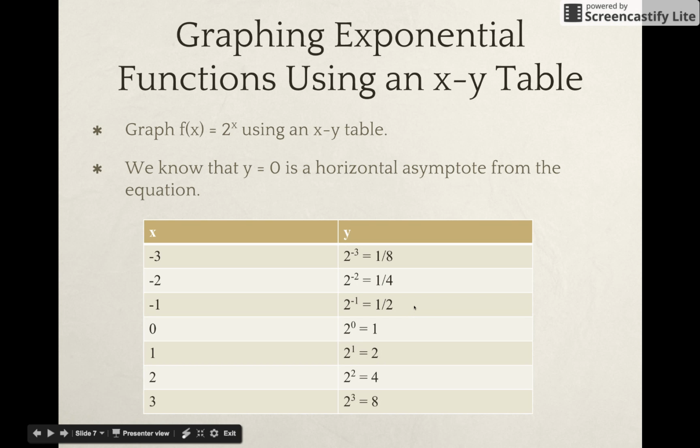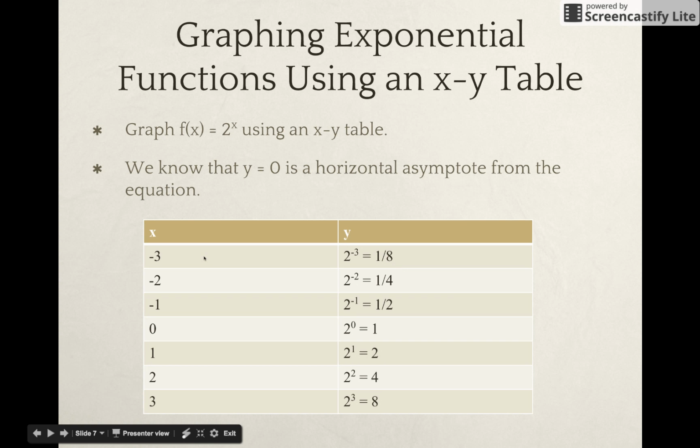As we take a look at the behavior of these y values as x decreases, that is, as x goes from -1 to -2 to -3, we'll see that these y values are getting very small. However, these y values are not negative, right? They're still positive numbers. And this is where our asymptote comes from.